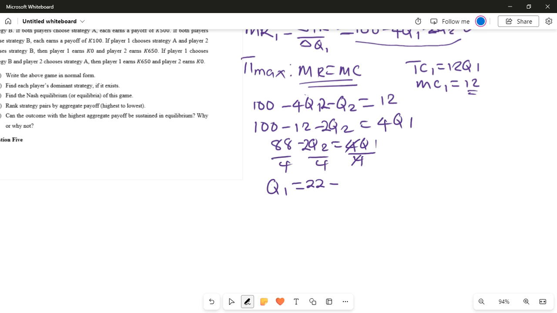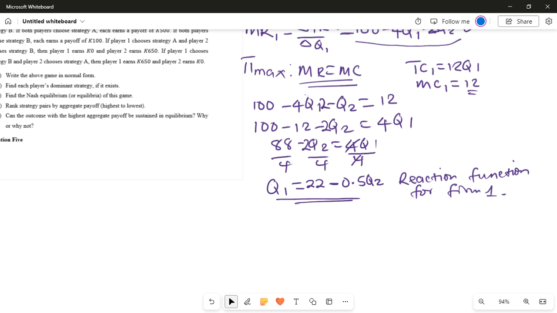So Q1 is equal to 22 minus, when we divide by 2, it's just minus 0.5 Q2. So what we've done here is the reaction function for firm 1.